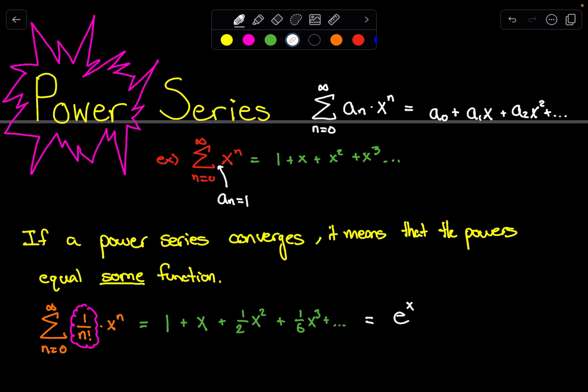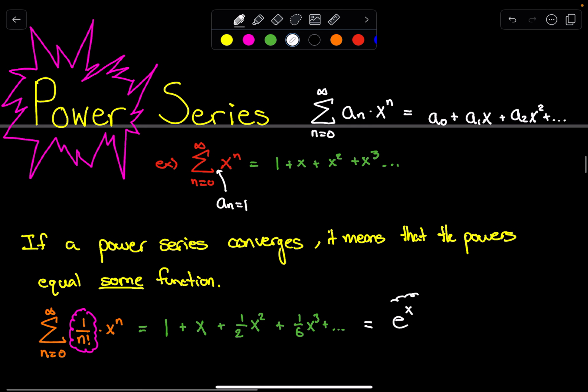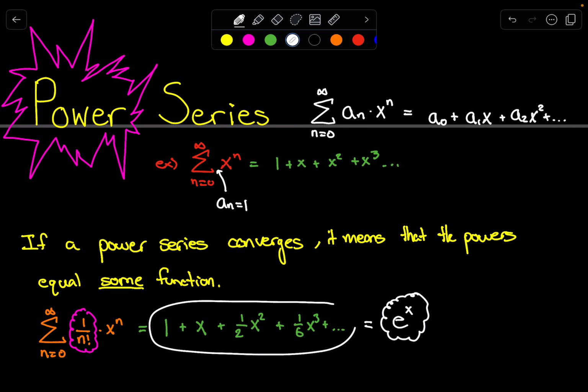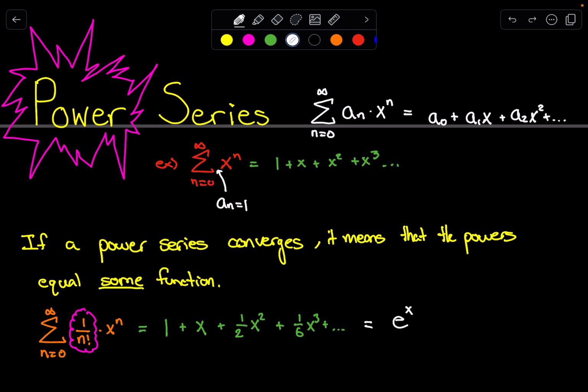And so the idea is that I can approximate values of the function y equals e to the x with this infinitely long polynomial. Depending on where we're doing this approximation, in Calc 1 we learned that using just the first two terms, what we called a linear approximation, or the tangent line, is a good approximation of e to the x as long as we're close to where we made the tangent line.